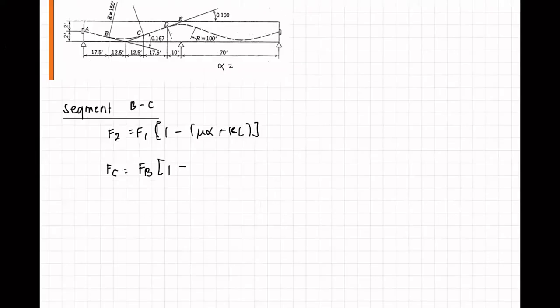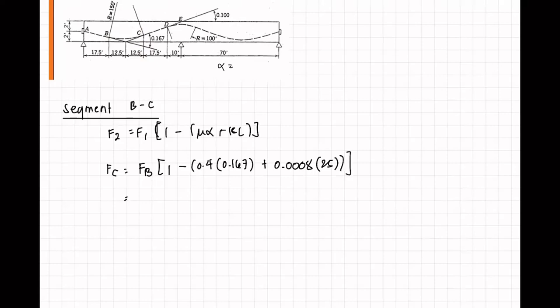Alpha natin is ito, no? Itong alpha na yan, again, kung babalikan natin yung ating simple curves, ito ay equal dun sa alpha natin. So we have 0.4 times 0.167. Okay? Plus K natin, 0.008 times yung length natin. So ang length ng B punta kay C is 25. Okay? Substitute natin yung value ni FB.